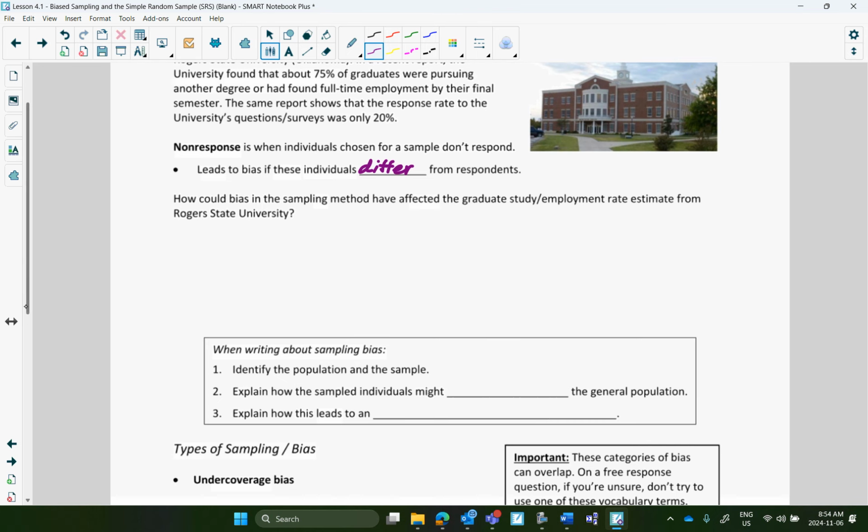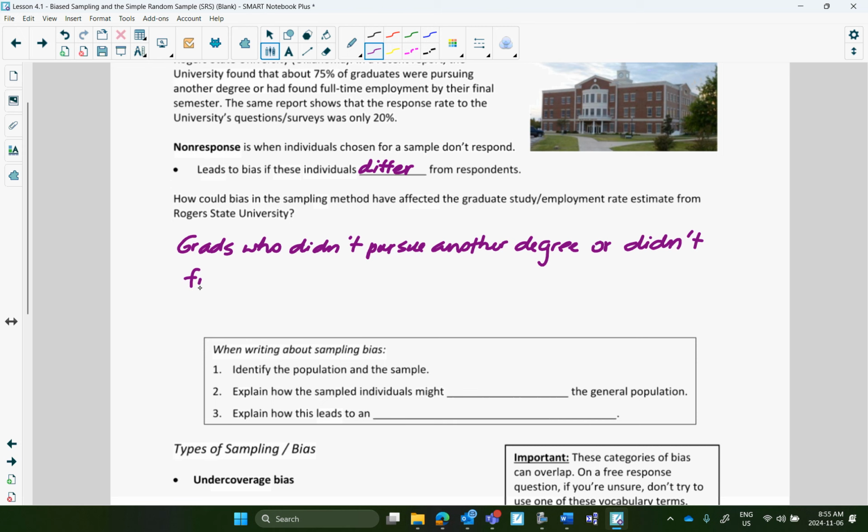Okay, so just say grads who didn't pursue another degree, or a master's or what have you, or I guess didn't find a job. Maybe too embarrassed to respond.